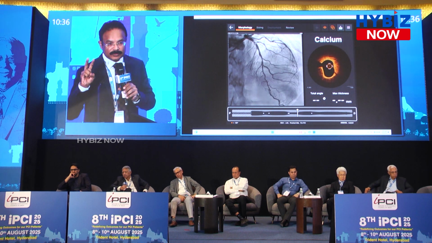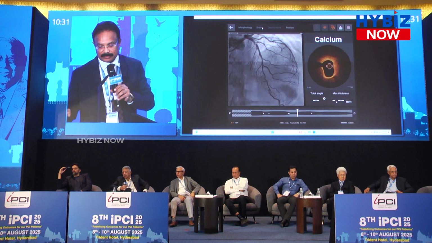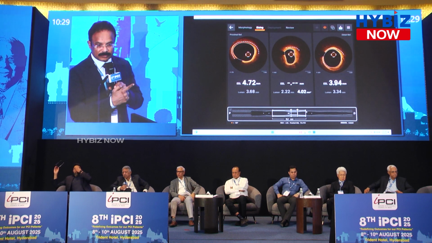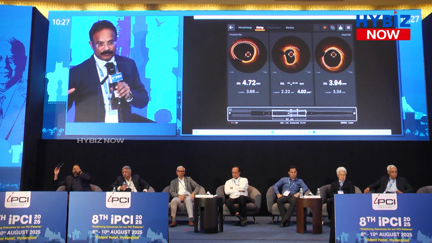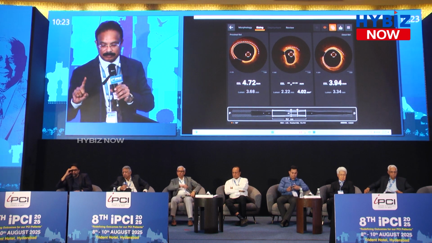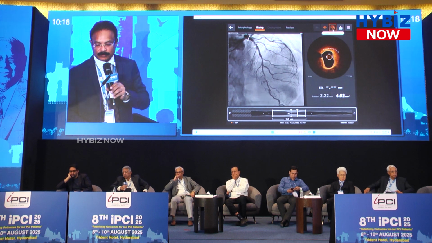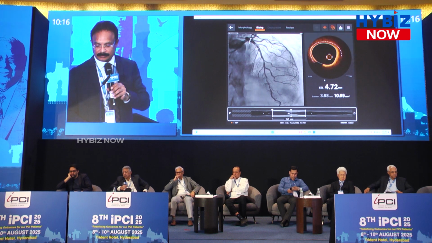Now, the second part of the evaluation is the length and the diameter. This is what Dr. Rani was showing. The machine itself, the Ultreon, is telling what is the distal diameter and what is the proximal one, the EEL. Go to the automatic one.